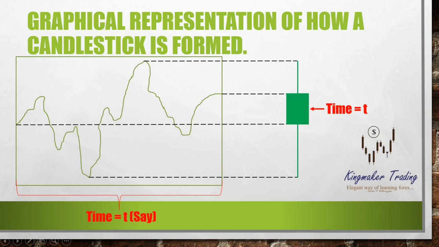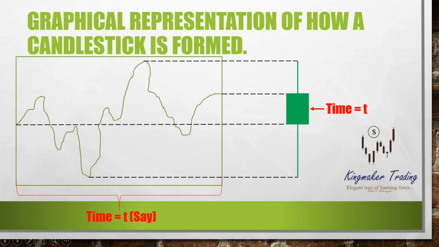You can see the highest price the market reached during this period is at this point, the lowest price is at this point, the opening price is here and the closing price is here. And this market movement is represented by this candlestick.